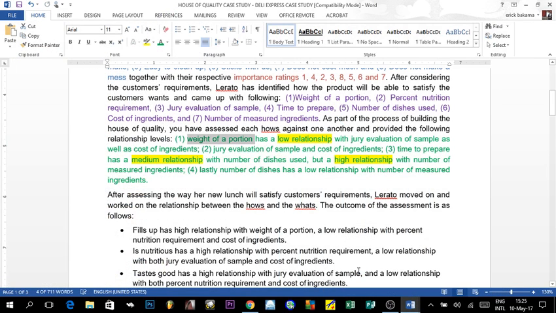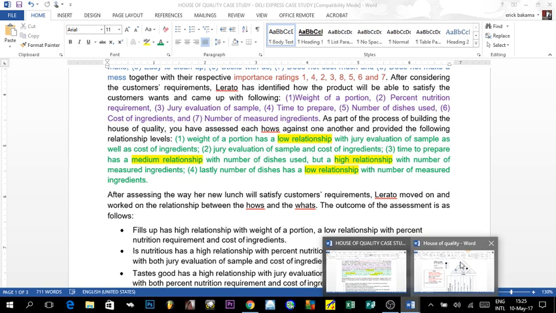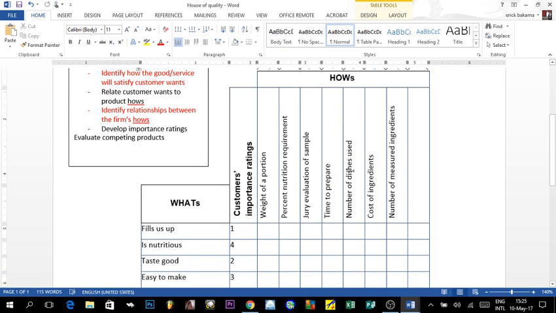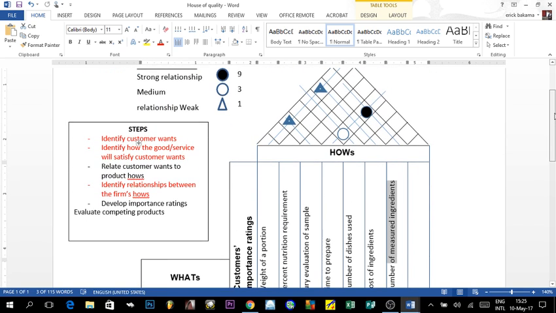Now they say lastly, the number of dishes has a low relationship with the number of ingredients. So we check the number of dishes is somewhere here, and the number of ingredients is somewhere here. So we check where they meet.